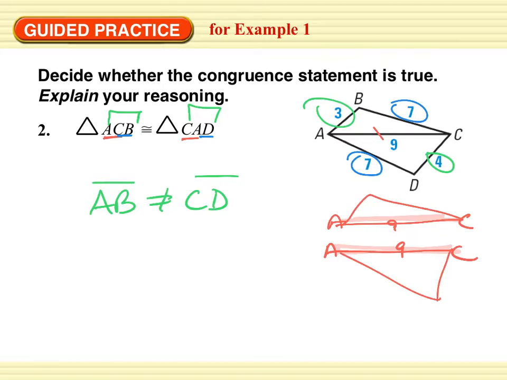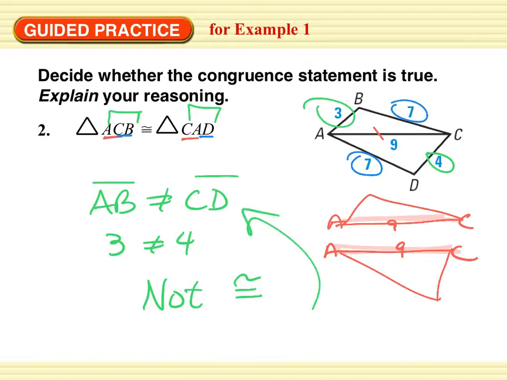You could also say 3 is not equal to 4. This is your explanation. So these are not congruent because AB is not congruent to CD. Every side has to have the same measure when you match up the corresponding sides.